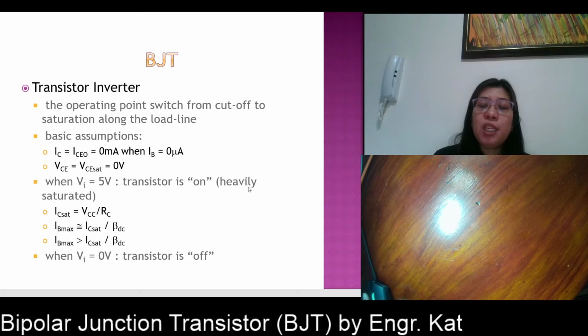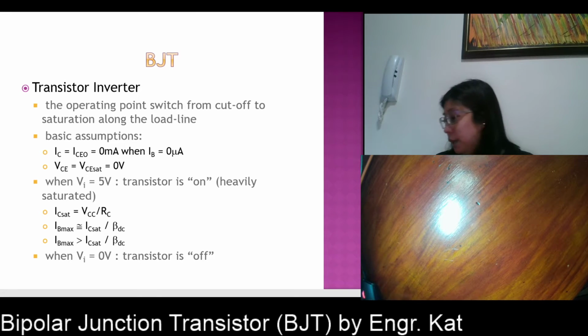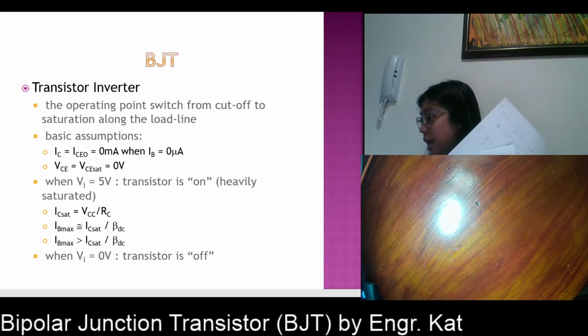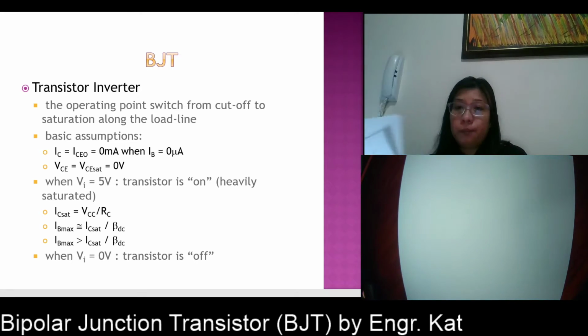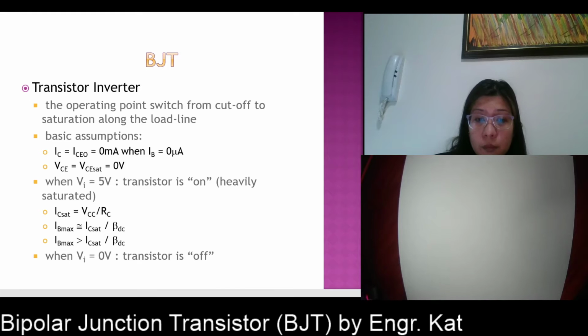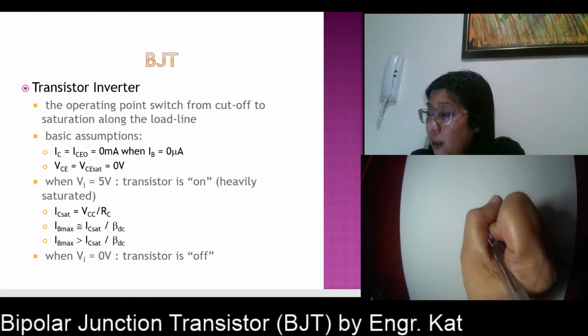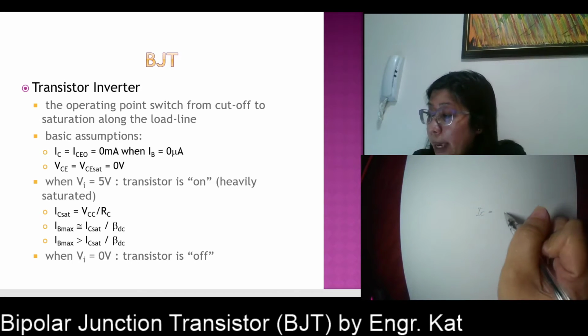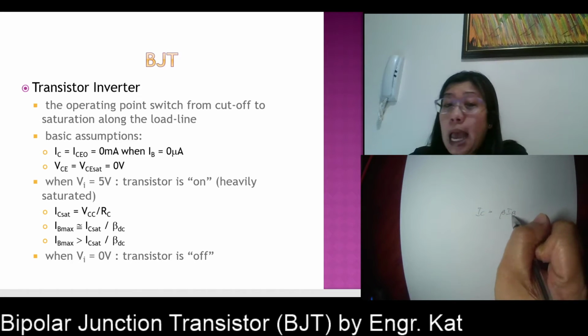To satisfy this condition, we have to have a maximum value of IB that must be approximately equal to your IC saturation divided by beta. Where did this formula come from? It came from IC equal to beta multiplied by IB.